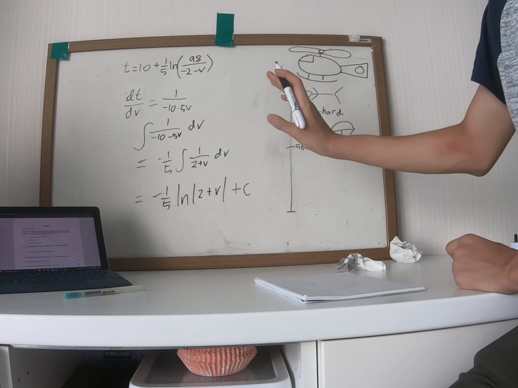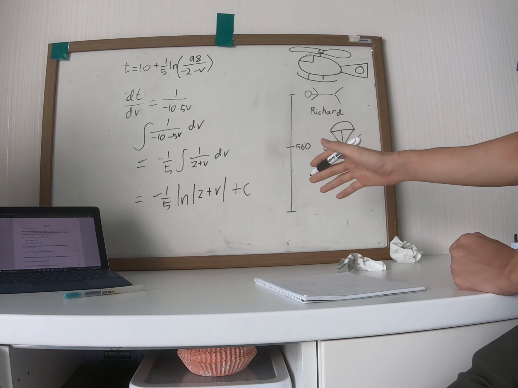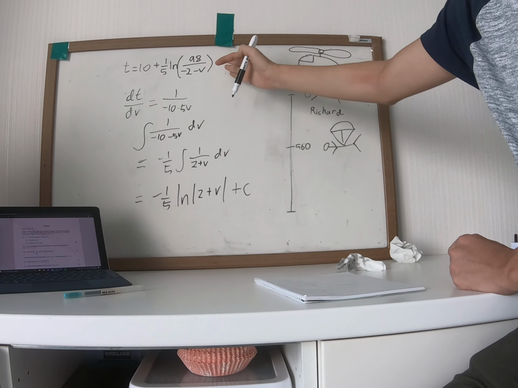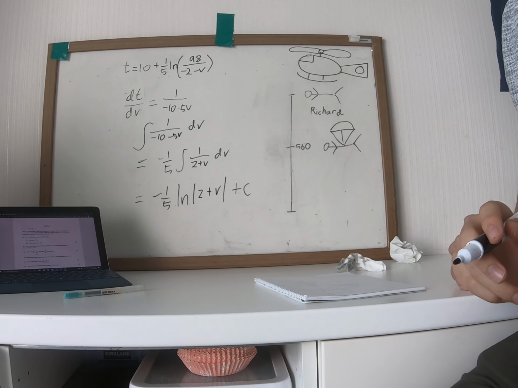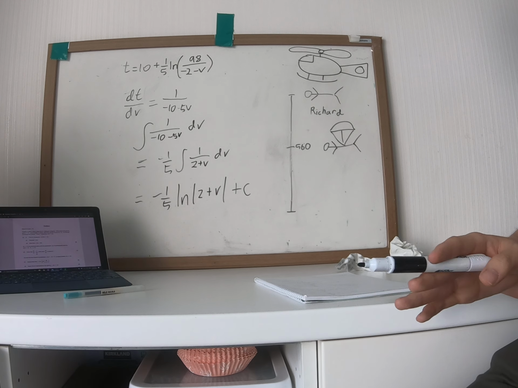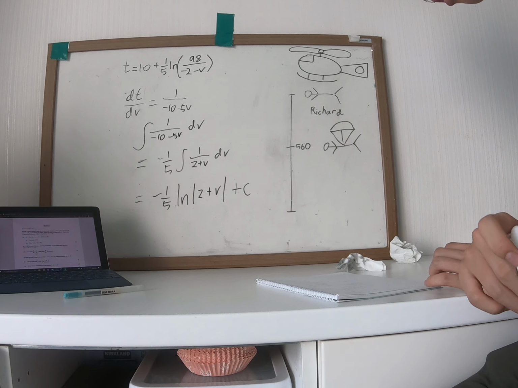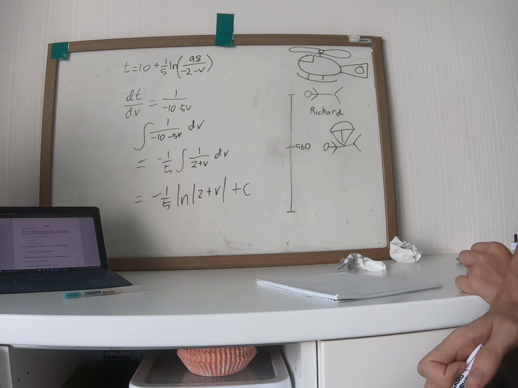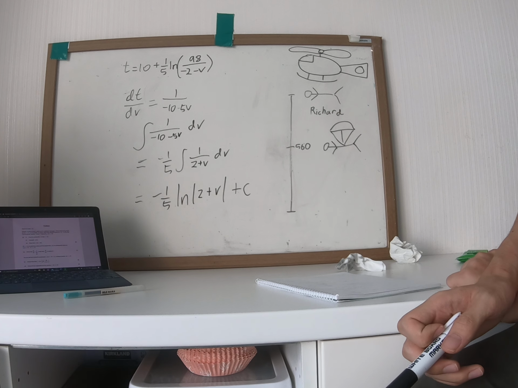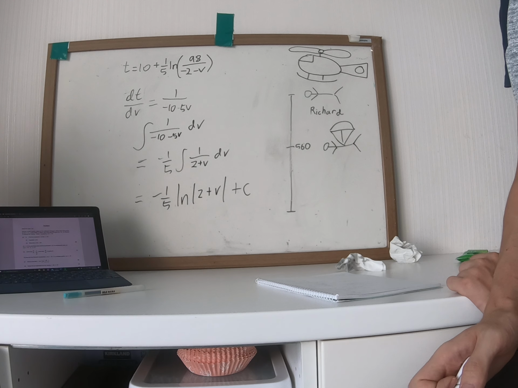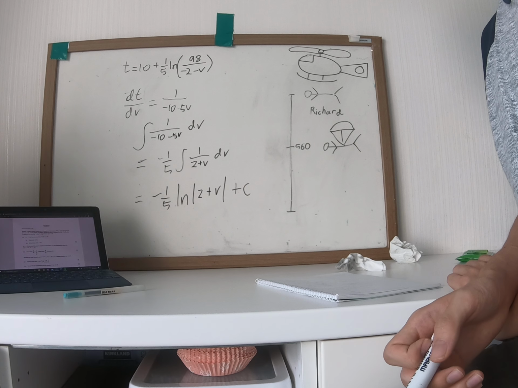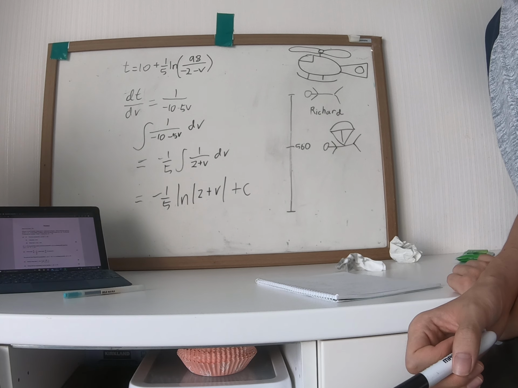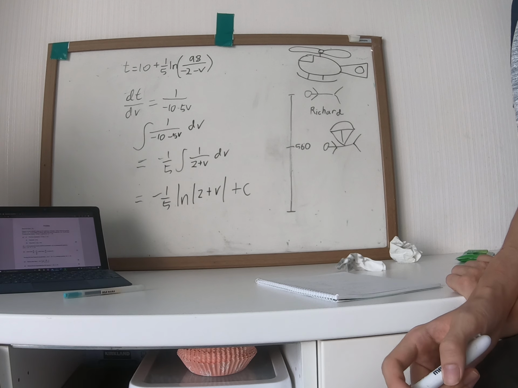Now we have the equation for t, but we have to show it in this case, which means we just have to get our c. Now the question is, where do we get our c? Well, previously in question A2, we were given that when time equals 10, the velocity is negative 100.